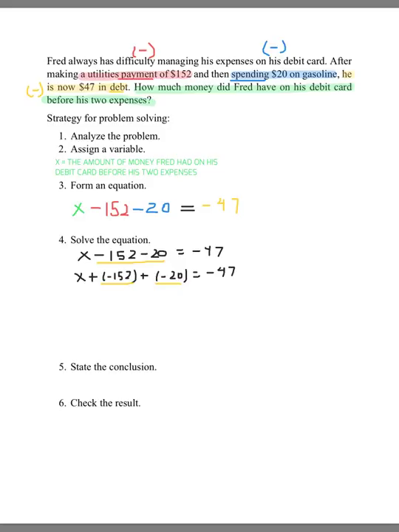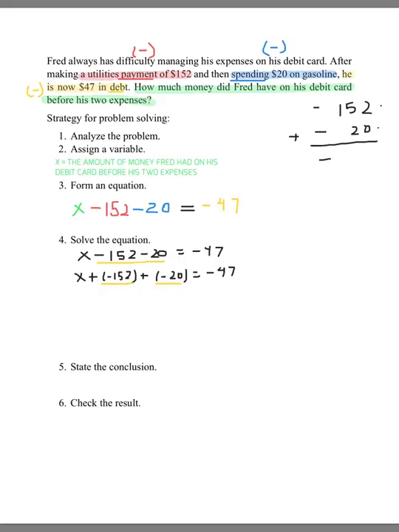any two numbers. So I'm going to do that off to the top right as scratch work. So I'm going to do negative 152 plus a negative 20. So then again, keep in mind that they are the same sign. So we're only going to get more negative. And then we're going to add them up like any other numbers.